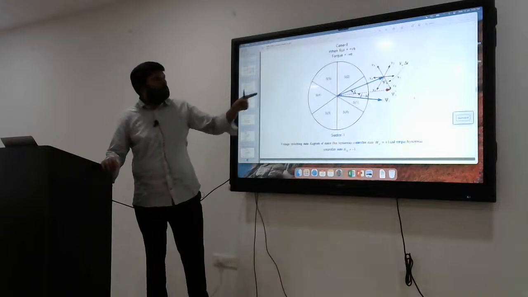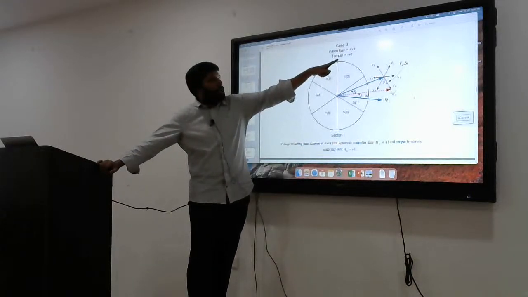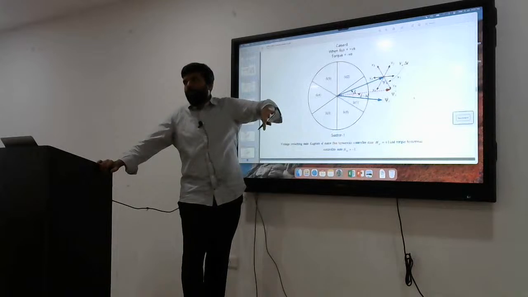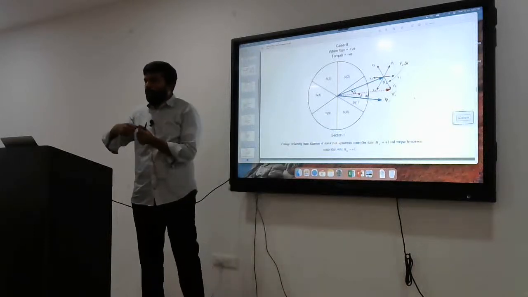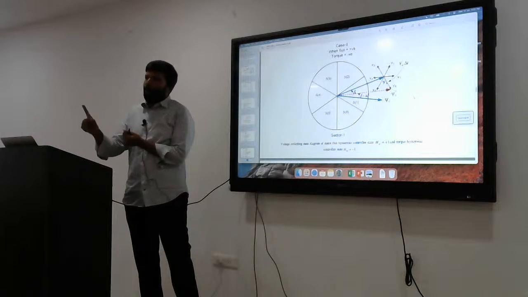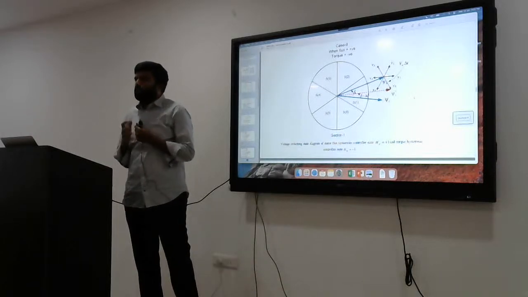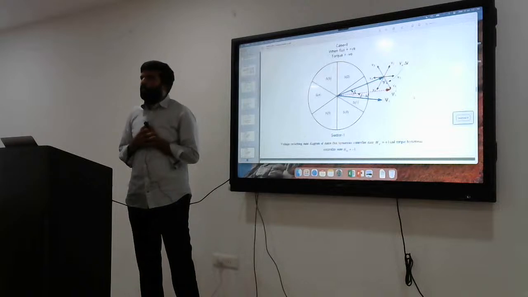Similarly, in case 2 the requirement is that I want to increase the flux and decrease the torque. By selecting only one voltage vector we can satisfy these two conditions. See, in electrical drives, control objectives are always flux and torque.